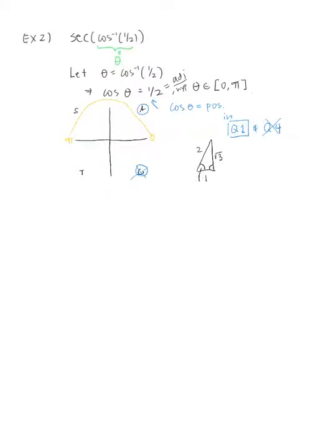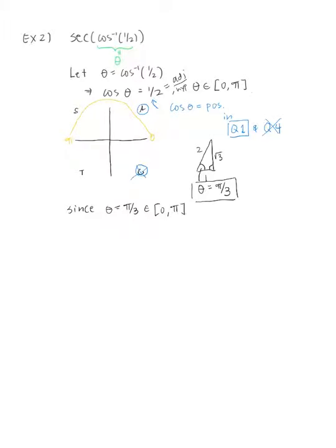So our theta is 60 degrees, which is pi over 3. Now, is pi over 3 inside of 0 to pi? Yes, it is. Since it's between 0 and pi, we are good to go.